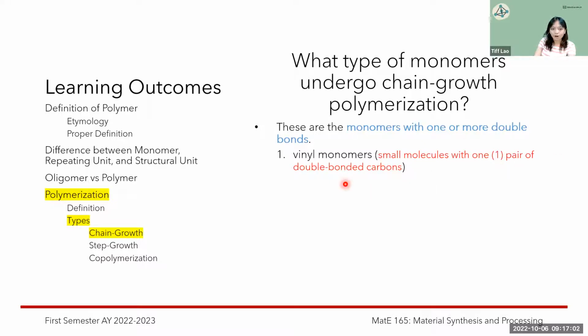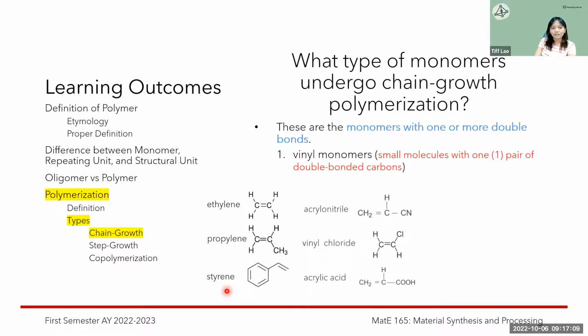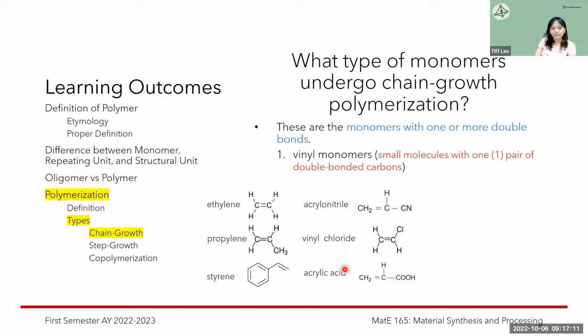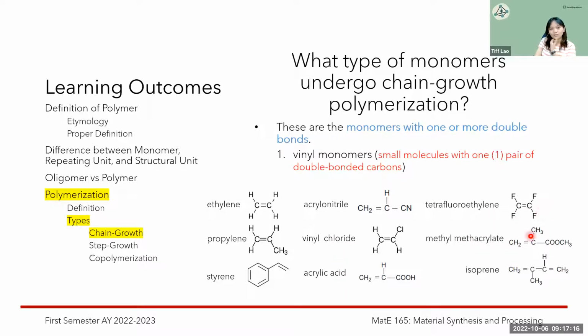Ito yung mga common vinyl monomers: ethylene, propylene, styrene, nitrile, vinyl chloride, acrylic acid, tetrafluoroethylene, methyl methacrylate, and isoprene. Kung magme-memorize kayo, sige, okay lang. Pero kapag nakita nyo tong mga vinyl monomers, automatically, chain growth yan, yung polymerization. Okay?